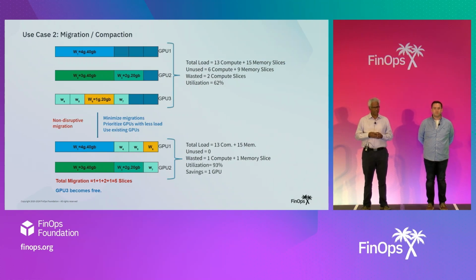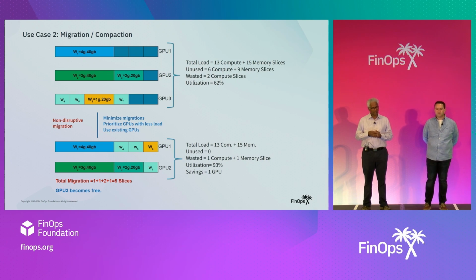The second use case is migration or compaction. Very similar to the previous use case, now you have 3 GPUs where workloads have been running. At the top, we have 2 compute slices that are wasted, and the utilization is only 62%, right? If you look at the assignment at the bottom, what you've done is you've moved some of the workloads such as W4 and W5 into the GPU 1, and W6 is now able to be fitted into the GPU 1.